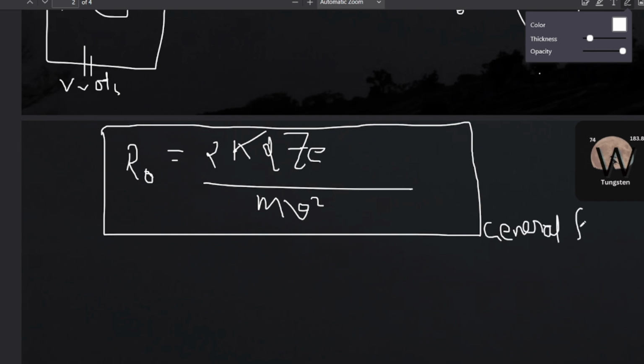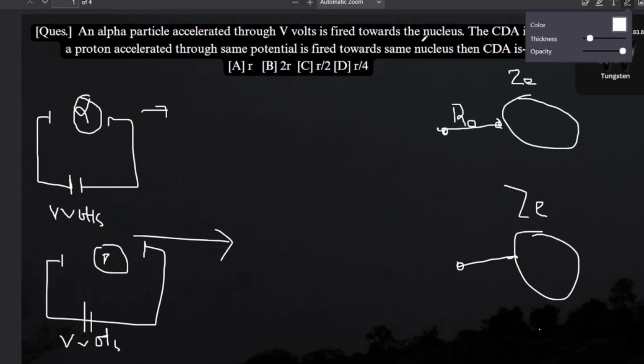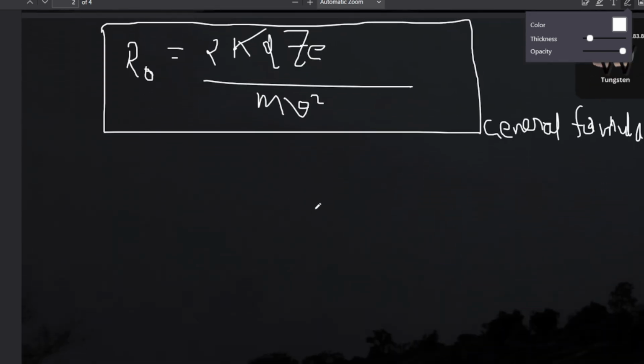It's a general formula. So now here, there is another formula, that the kinetic energy, half mv square, is equal to qV.